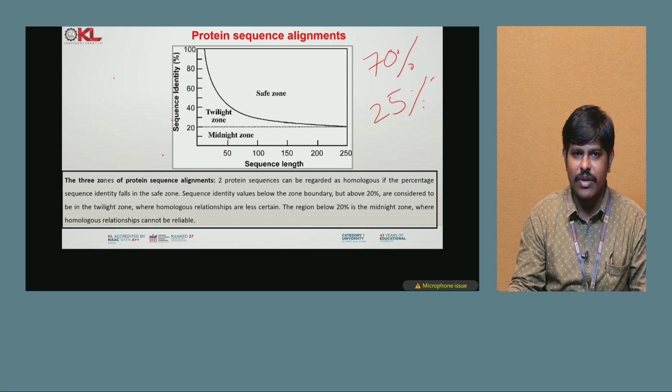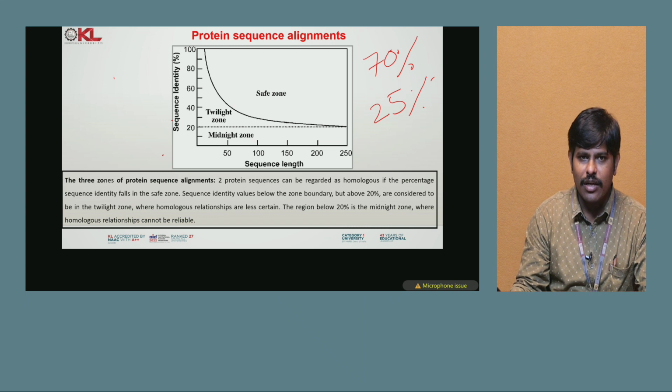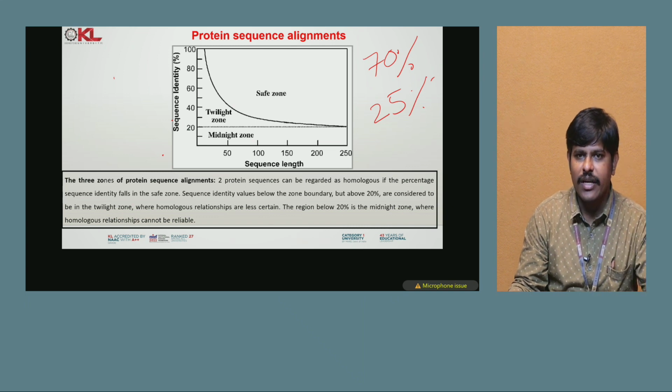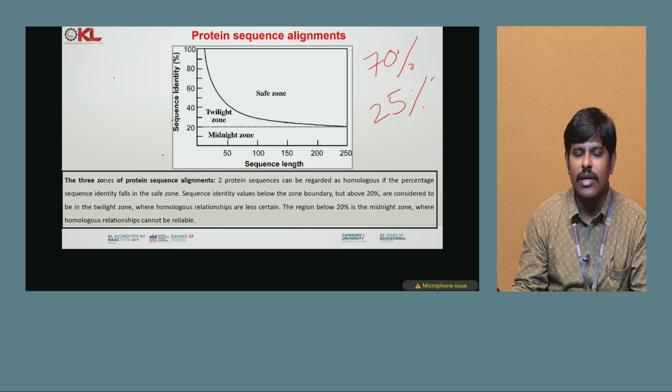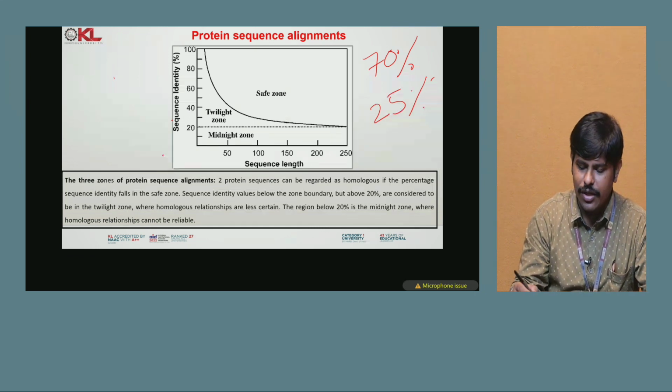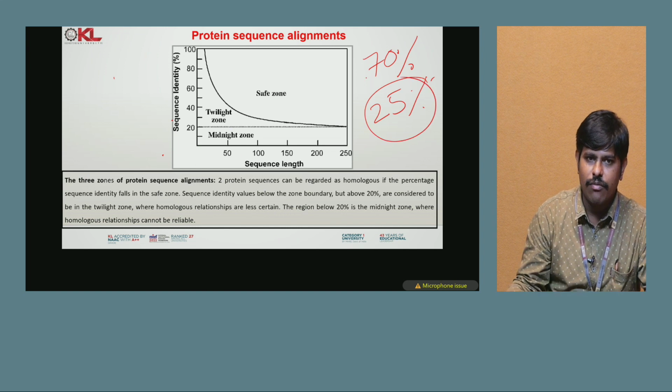As I told you, 25% may look smaller because a lot of variety is there in the proteins, and functional sites may be very important for proteins, and the remaining sites can undergo a lot of mutations. So you start from 25% for the proteins.